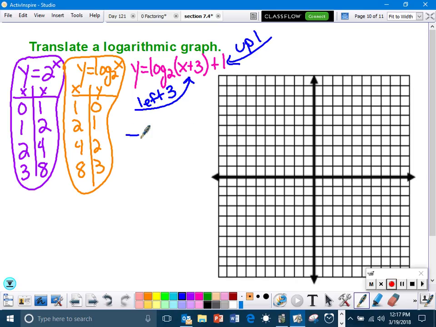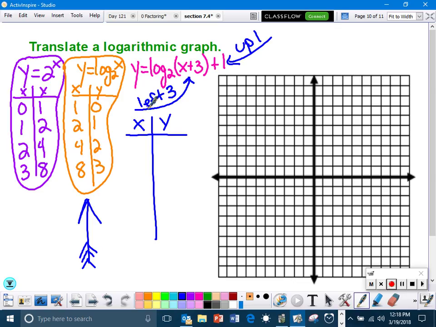So if I go to my table and I look at the orange one, okay, don't look at the purple one, look at the orange one. We've got a 1. We're going to move it left 3, so we're subtracting 3.